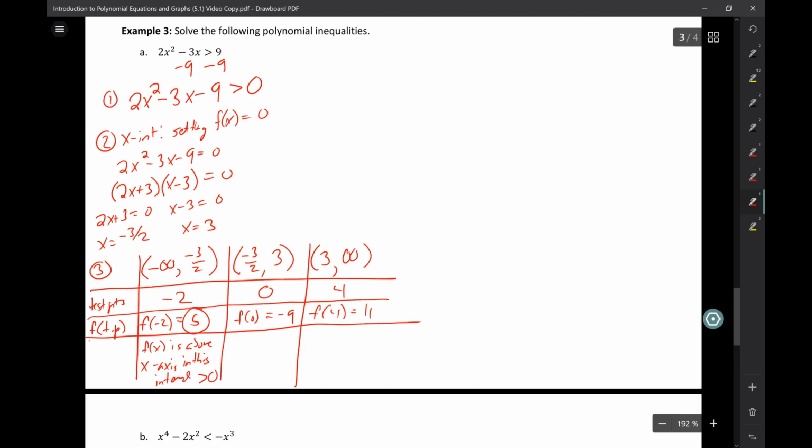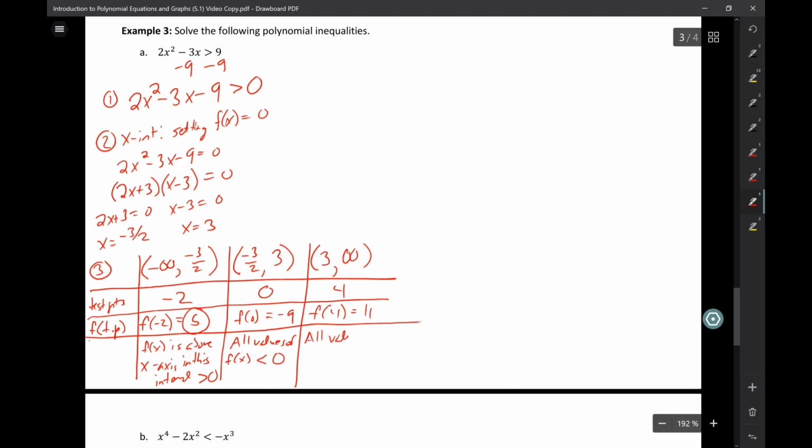Now, since it's negative, all values of f of x are less than 0 in this case because the value was negative in our test point.